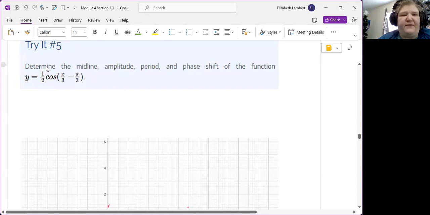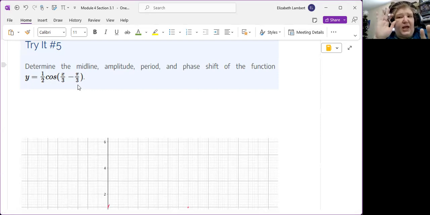All right, so we have a 1/2 in front, so eventually that is going to squash the graph vertically. And then this is written x/3 minus pi/3, but we need to factor this so we can clearly see the b value that's going to cause the shrink and the h value that's going to make the horizontal phase shift.